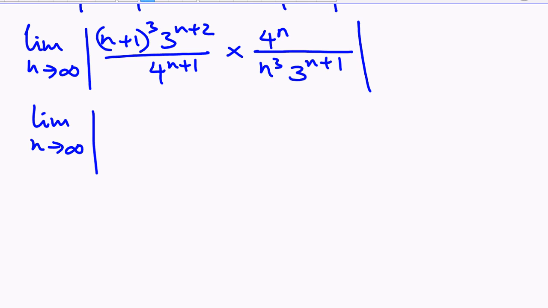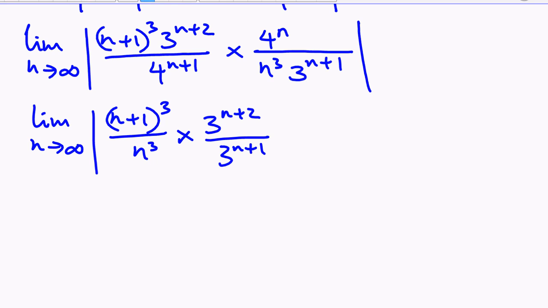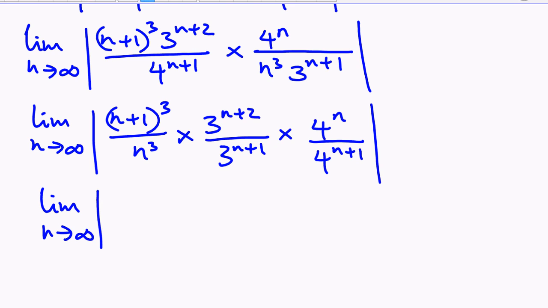Now I'm going to rearrange things here like what I did previously. So n plus 1 cubed over n cubed multiplied by 3 to the power n plus 2 over 3 to the power n plus 1 multiplied by 4 to the power n over 4 to the power n plus 1, which will give us, actually this bit will give us 3.